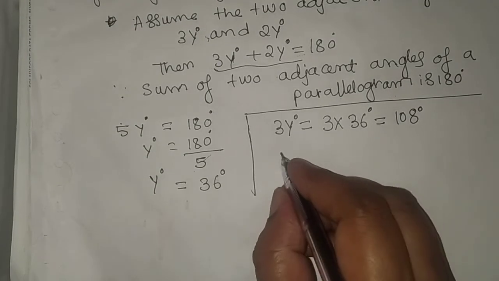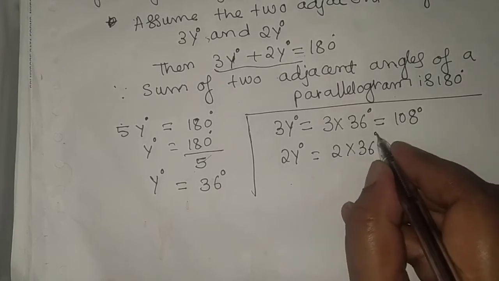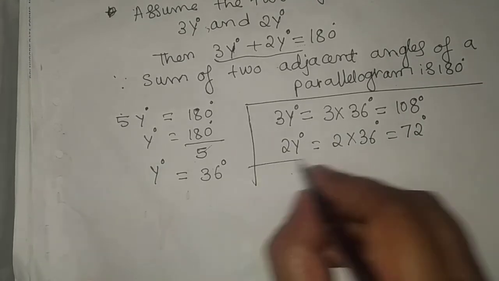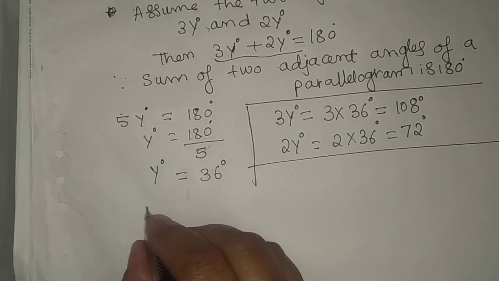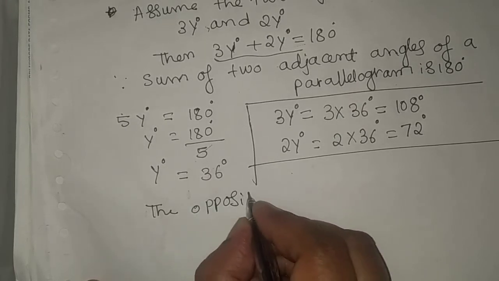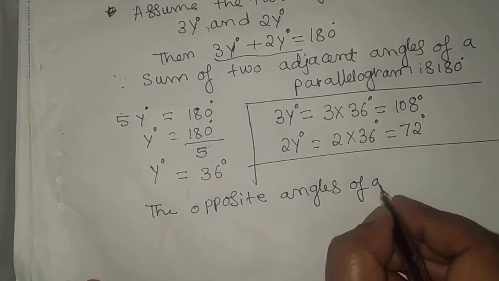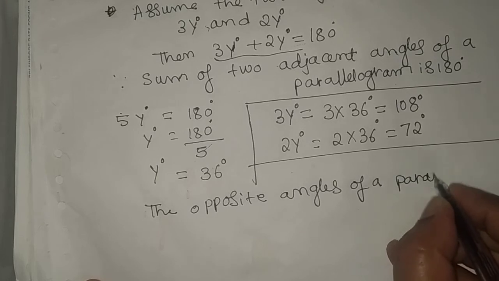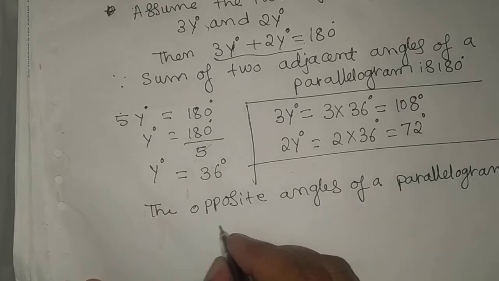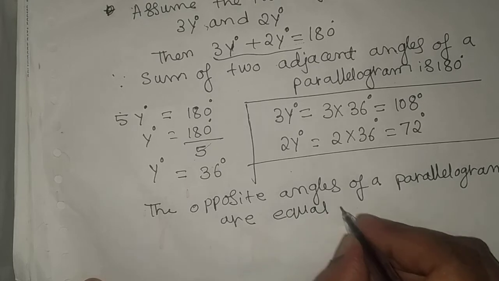Next, 2y degrees is equal to 2 into 36 degrees, which is 72 degrees. Therefore, the opposite angles of a parallelogram are of equal measures.